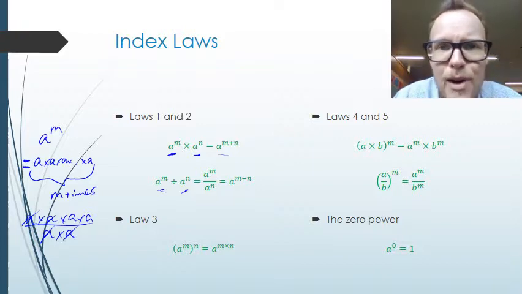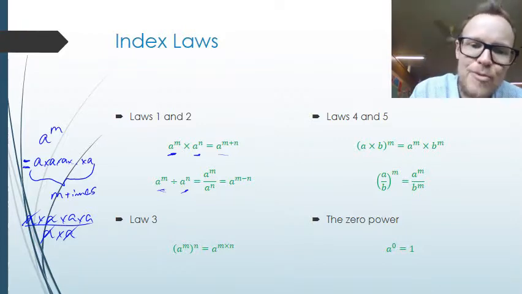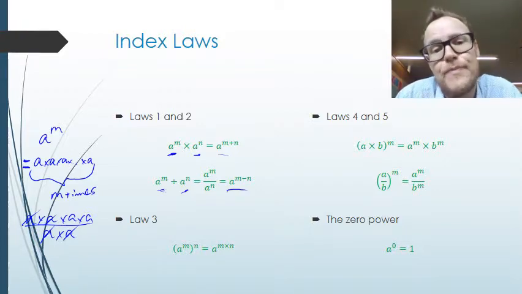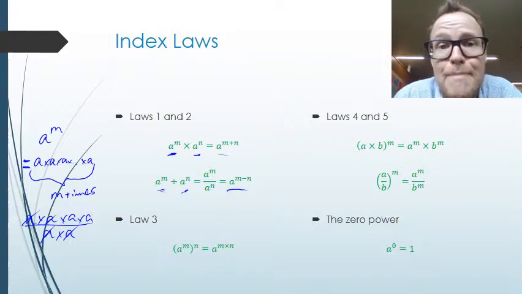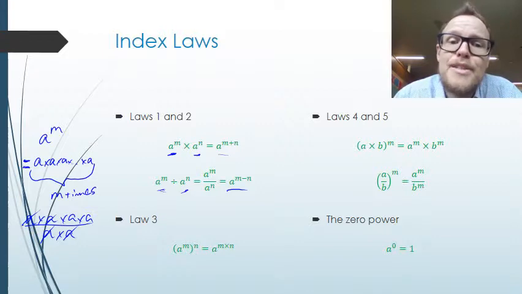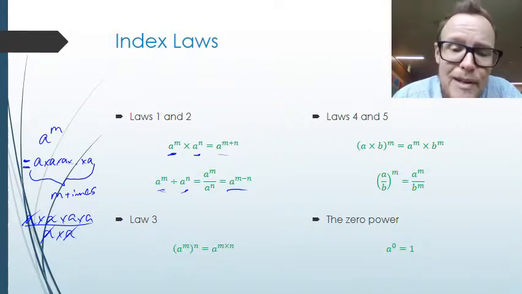So I've got 4 minus 2 left over. So if I've got a to the m divided by a to the n, then I get a to the m minus n being the simplified version of that. That's index laws 1 and 2.